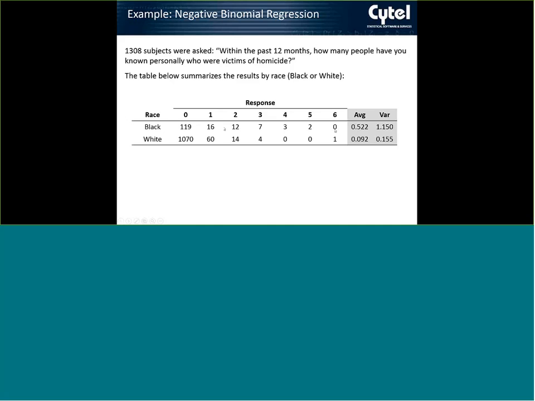So in other words, even though these can be considered to be Poisson counts, the variability is much higher than we'd expect if these counts actually followed a Poisson distribution. For blacks, the variance of these counts is more than twice as large as the average, and for whites, it's in that same ballpark. So that would be a concern.